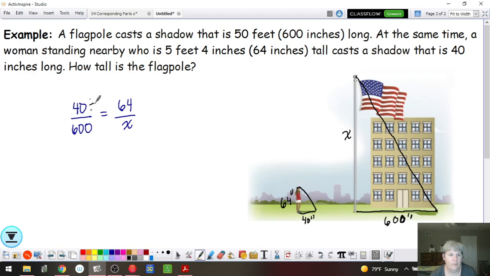Divide both by 10, and I will have 4 over 60 equals 64 over x. And I can do my butterfly method.